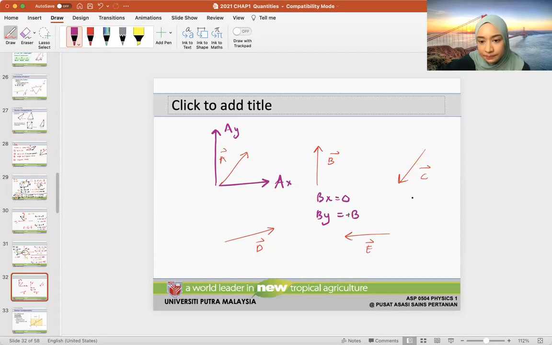And what about C? Both negative. So CX over here, CY over here. Okay, what about E? EY is 0, the Y component is 0, correct.